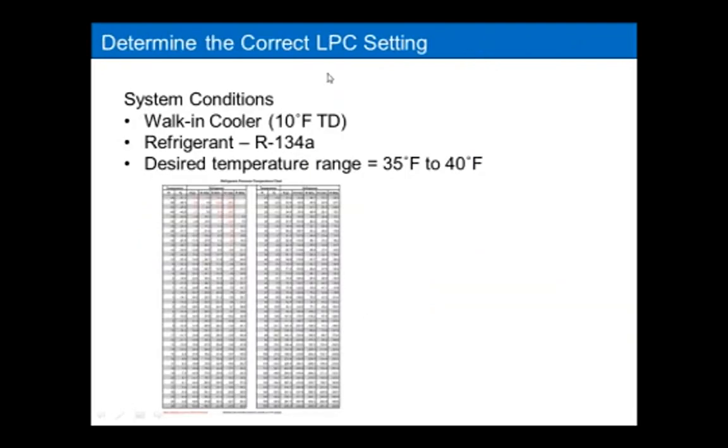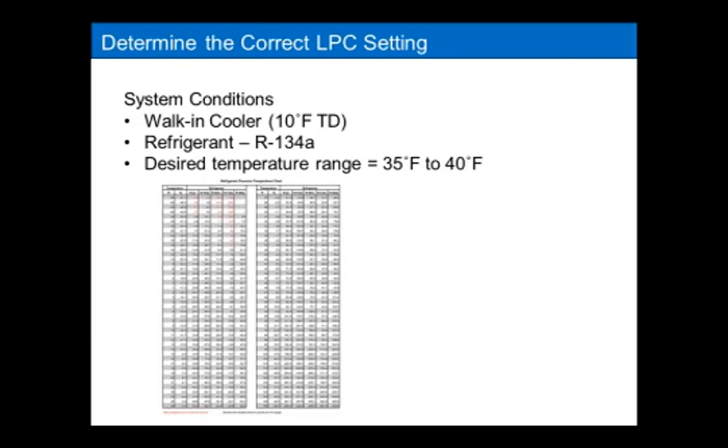So let's walk through the process of setting up one of these pressure controls. Let's say I have a walk-in cooler, and I know that design of that walk-in cooler has a 10-degree temperature difference between case temperature and coil temperature.